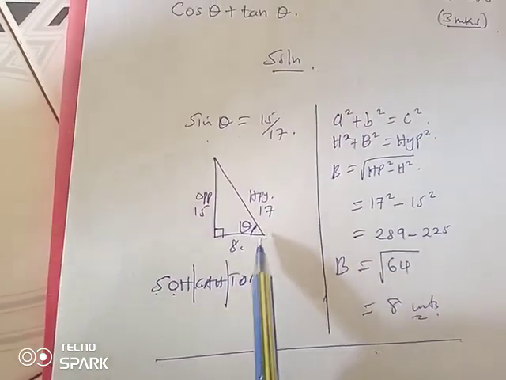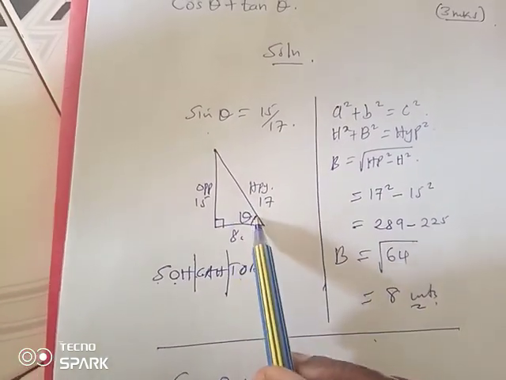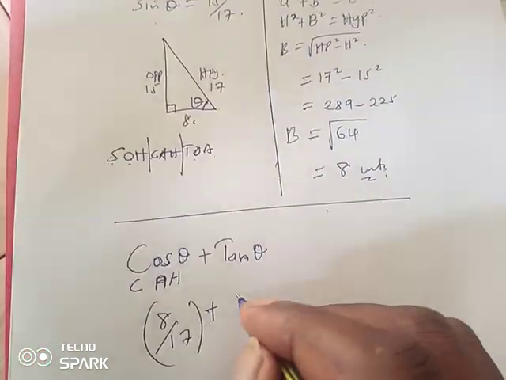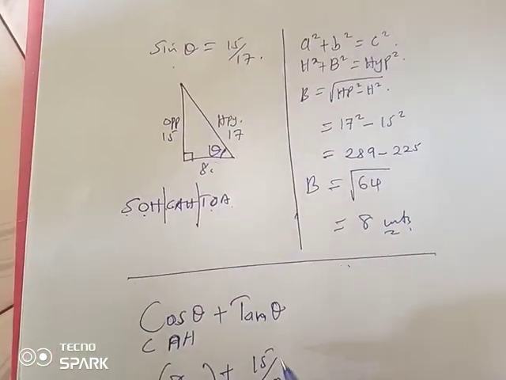From the diagram, TOA, that is opposite, which is 15, over adjacent, which is 8.